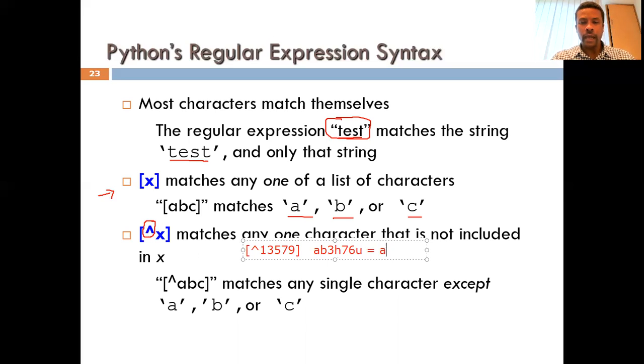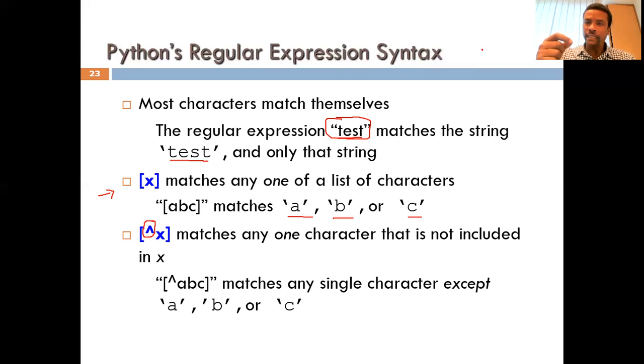A, B, H, 6, and U would be the answer, because I'm looking for anything except this. So mind you, don't forget the square bracket and the list that we are going to put in here. If you say caret ABC, it means anything except ABC would be a correct answer for this.